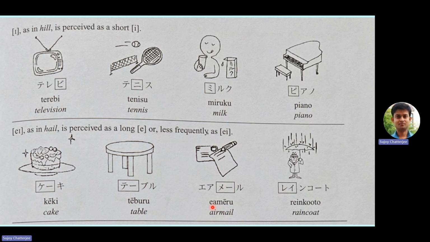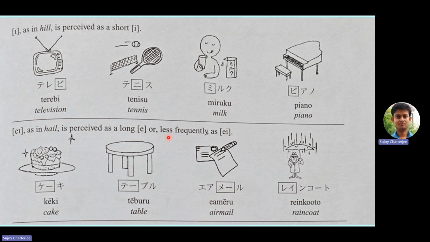Airmail. So airmeru. So it's air meru, and that's why after me there is a horizontal bar. Raincoat, raincoato. You can see here rain, with the a sound. After re, it is followed by an E sound.